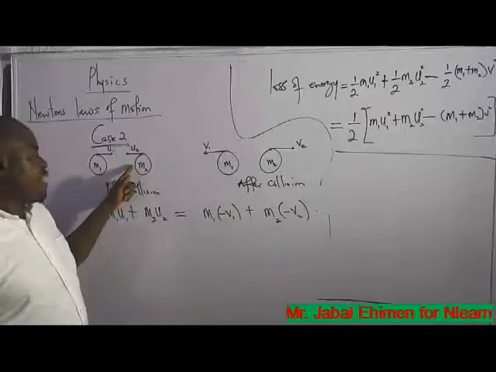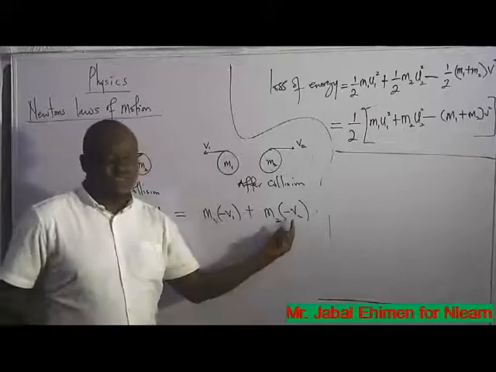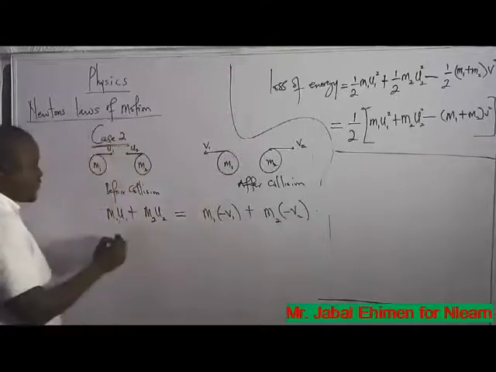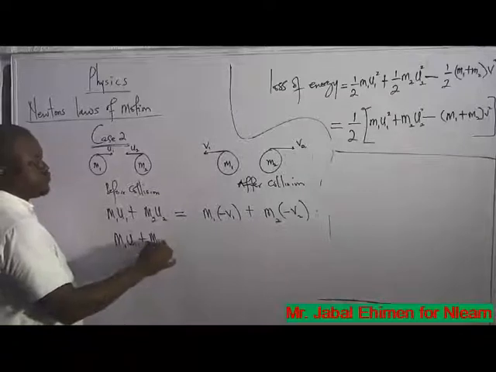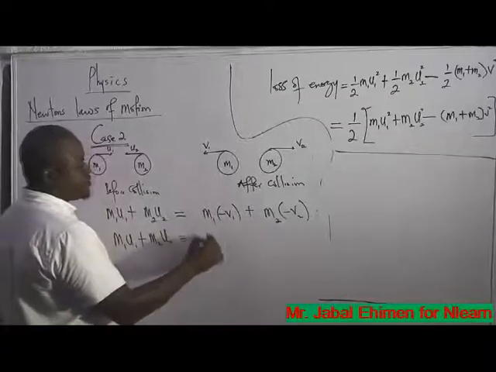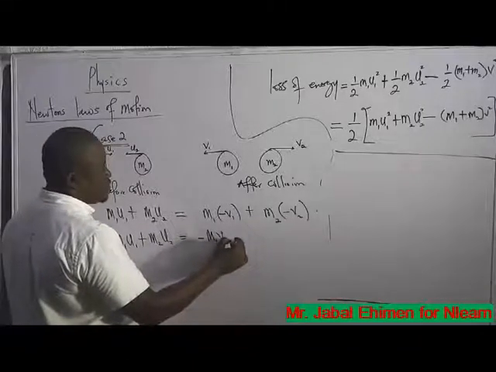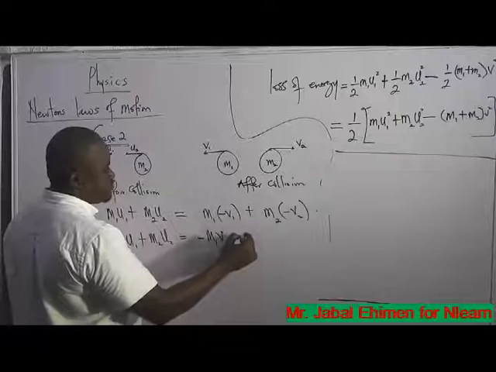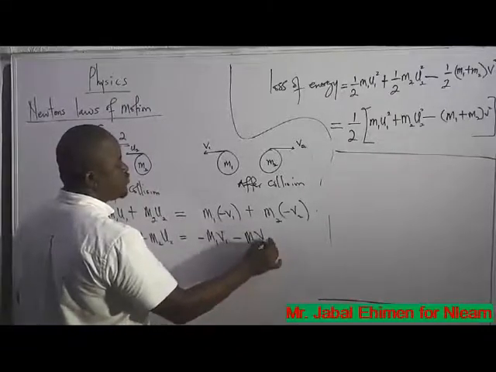So the same applies to M2. The direction changes, so it becomes minus V. Now, from here, we can have M1 U1 plus M2 U2 is equal to minus M1 V1 minus M2 V2.